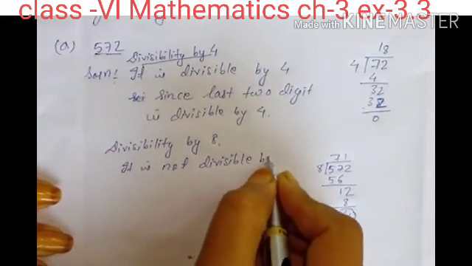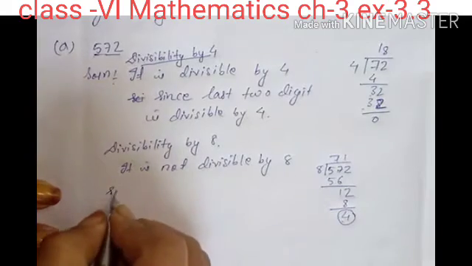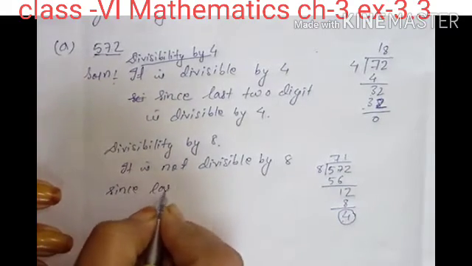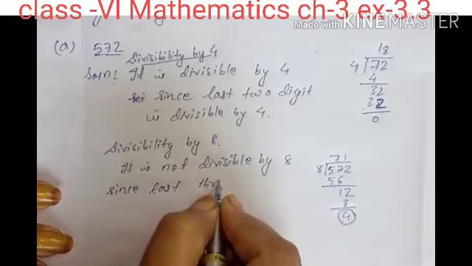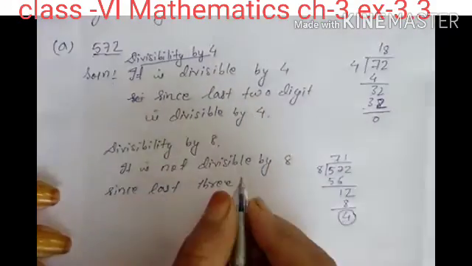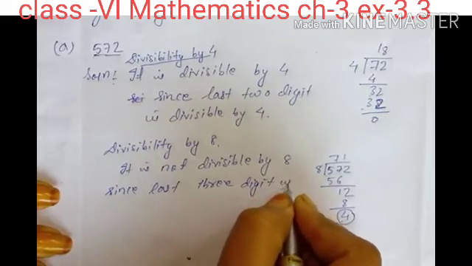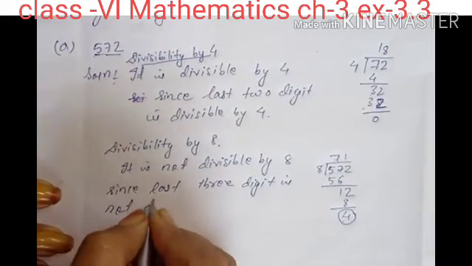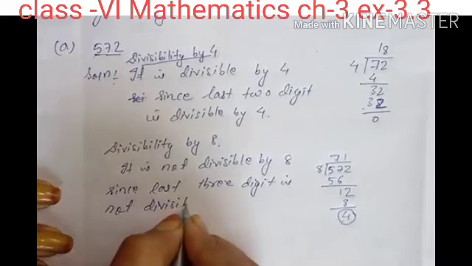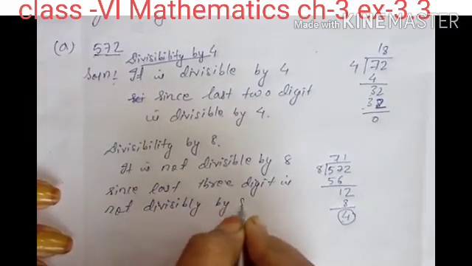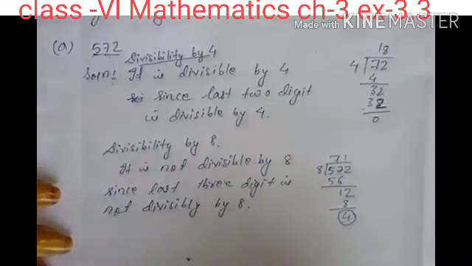It is not divisible by what number? 8. Since the last 3 digits, for 8 what is the divisibility test? 3 digits, isn't it? So the last 3 digits are not divisible by 8. So in this way you will write the answer.